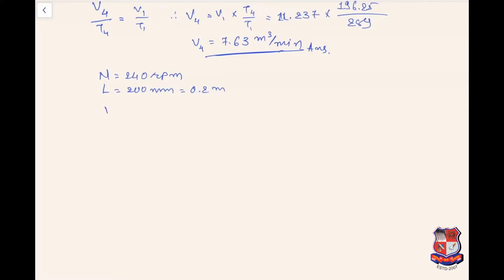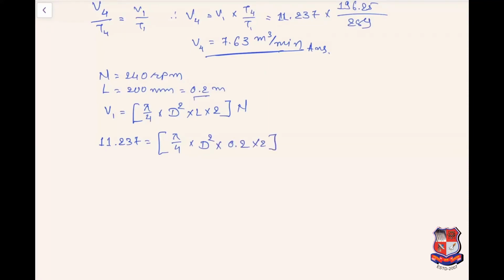So V1 is equal to pi by 4 into D square into L into 2 into N, because we have a double stroke. So if we put the value of V1, that is 11.237, and all the other values, then we can find out the D value, with L as 0.2 and the factor 2 for double stroke.